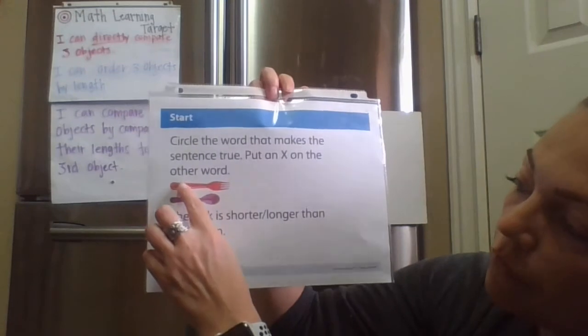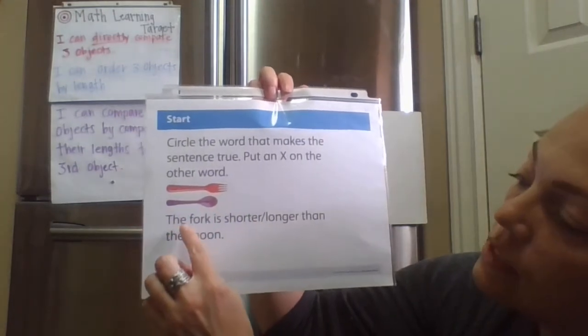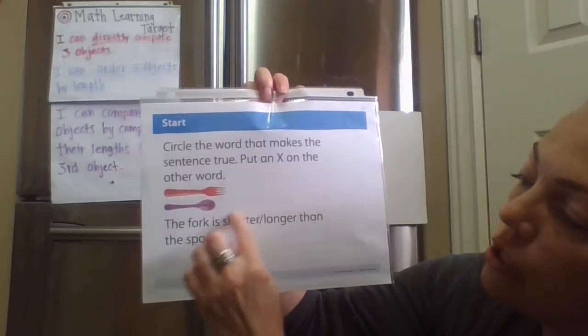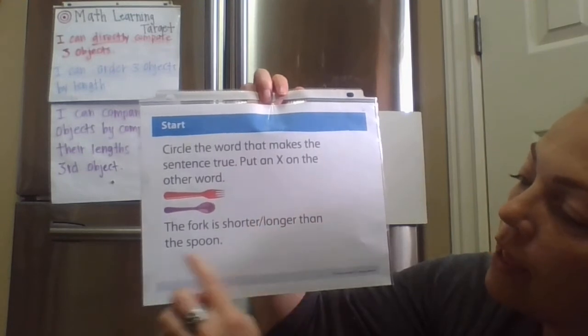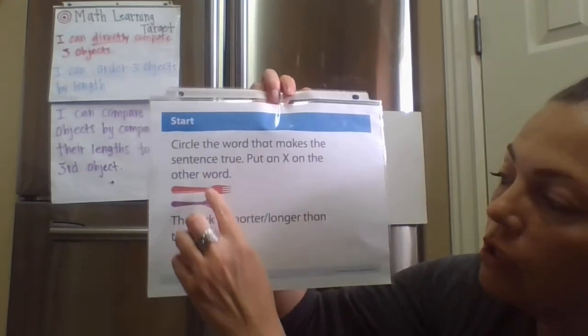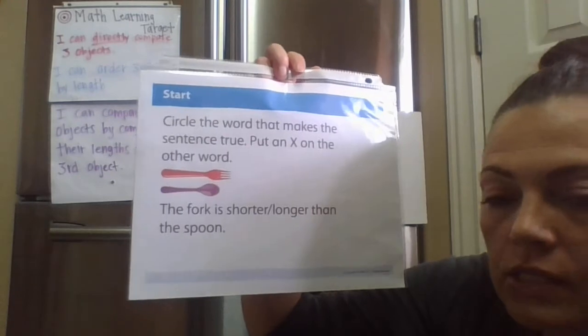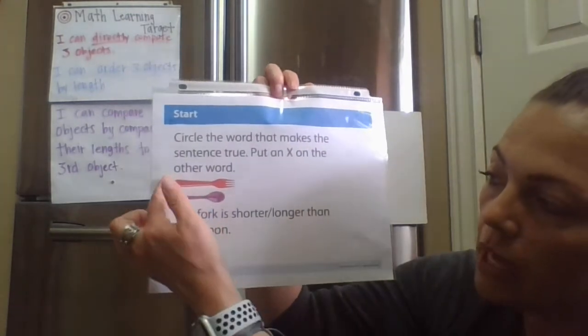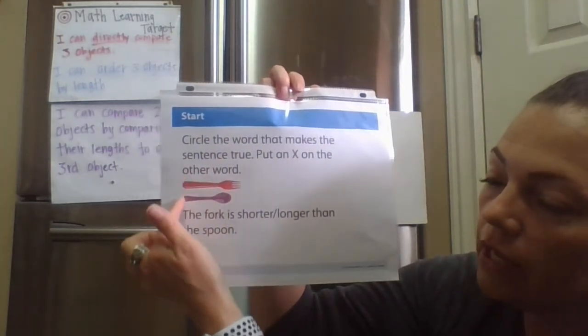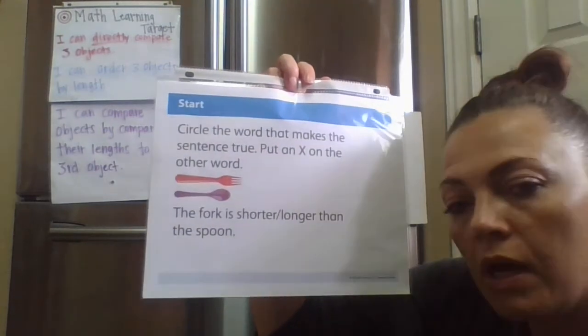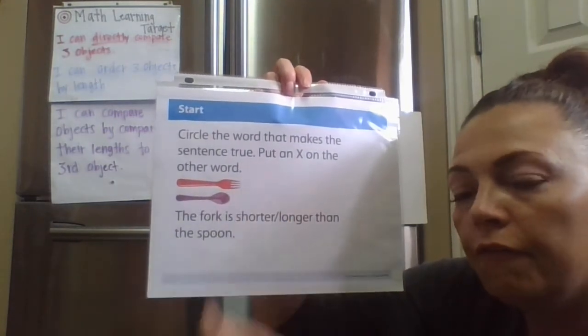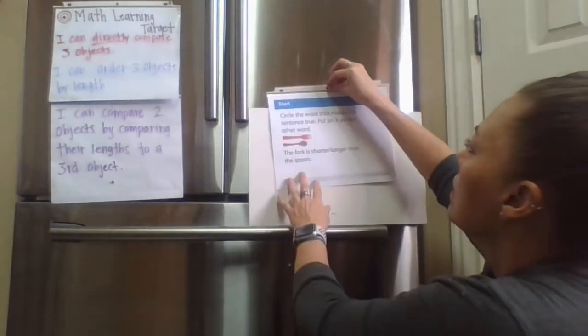Here's our 2 items. We have a fork and we have a spoon. And it says the fork is shorter or longer than the spoon. Is that fork longer or is it shorter than that spoon? There's an imaginary starting line right there. They're both lined up in the same spot. And it looks like the fork goes longer.